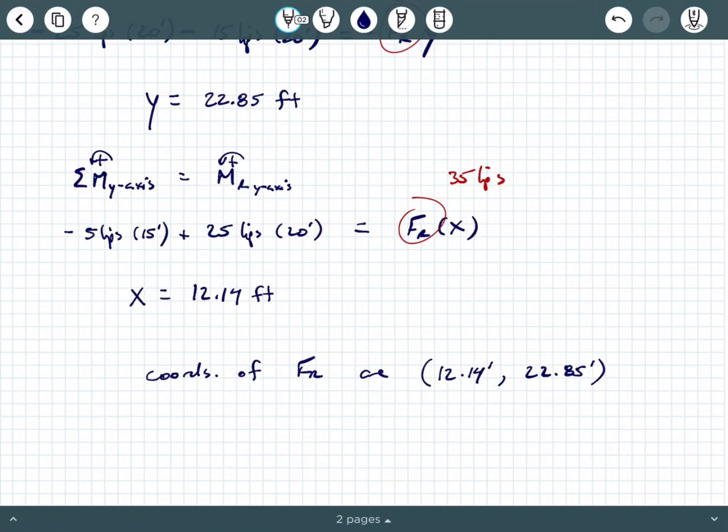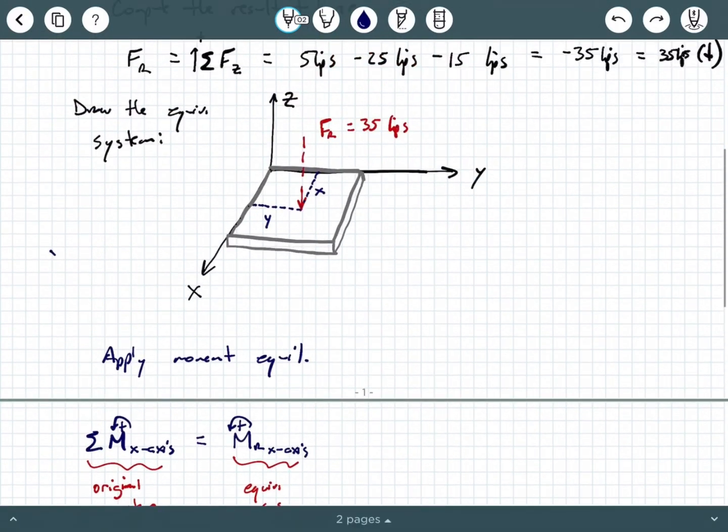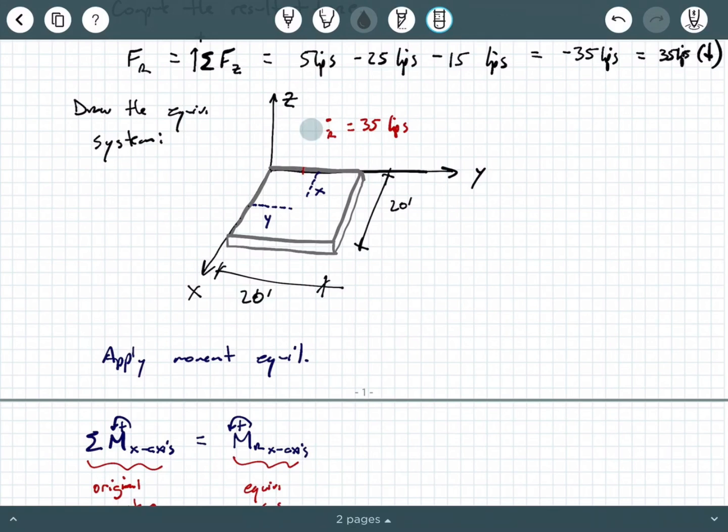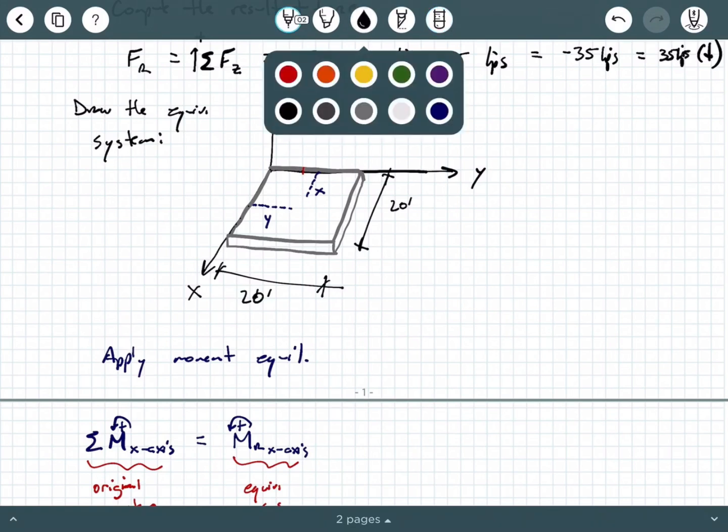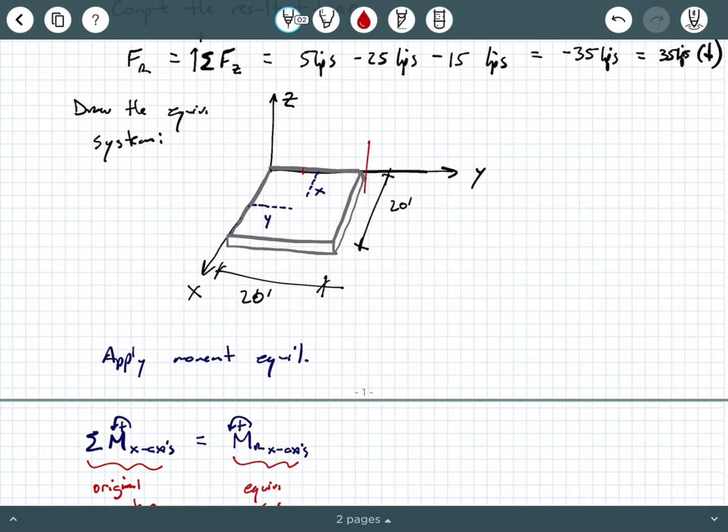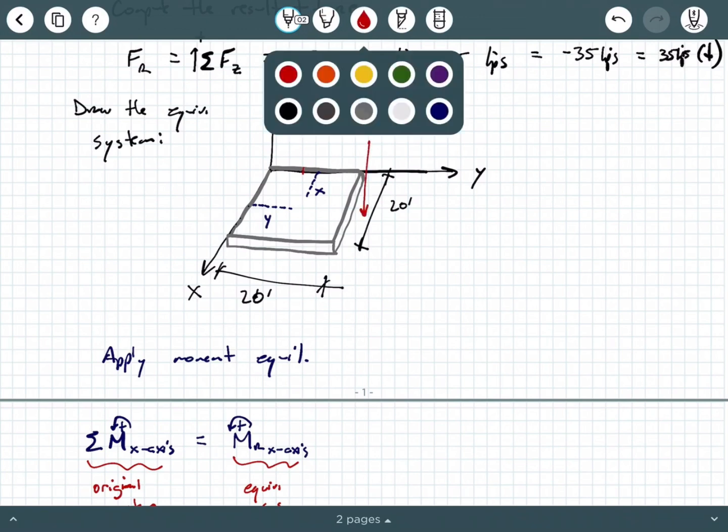Now, you may be looking at this and thinking, wait a second, this seems a little weird because the y coordinate is 22 feet, right? These dimension lines were 20 feet and 20 feet, and we actually calculated that this force is over here somewhere.